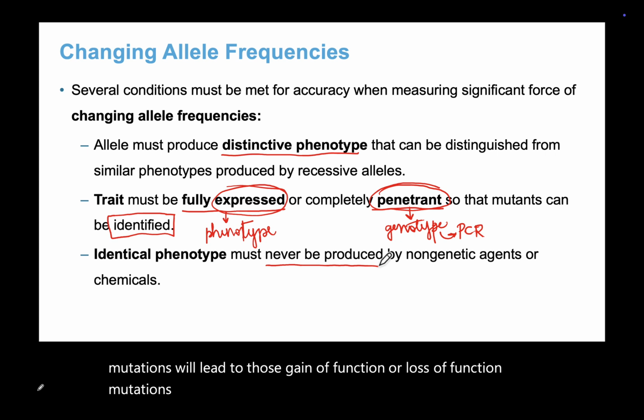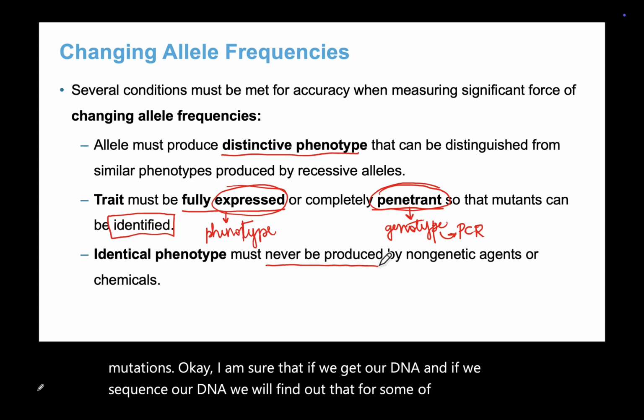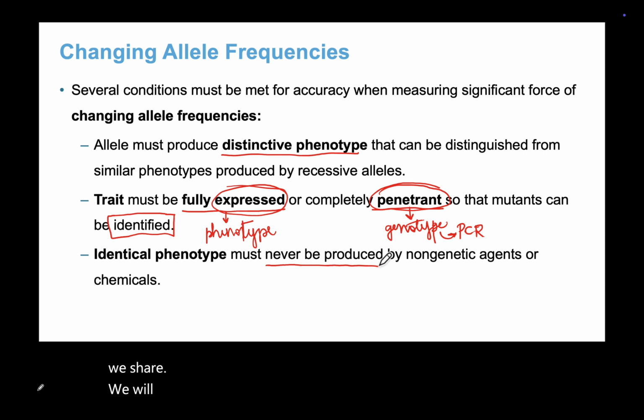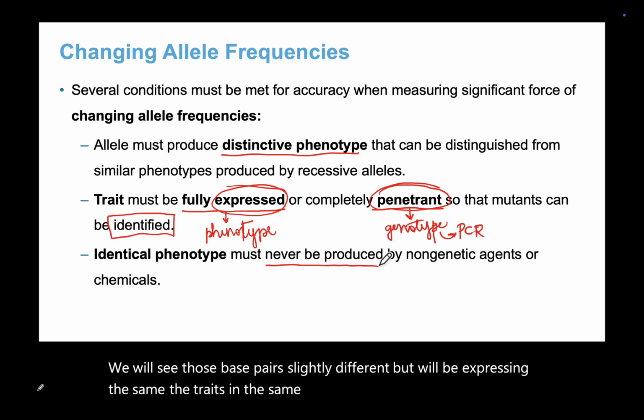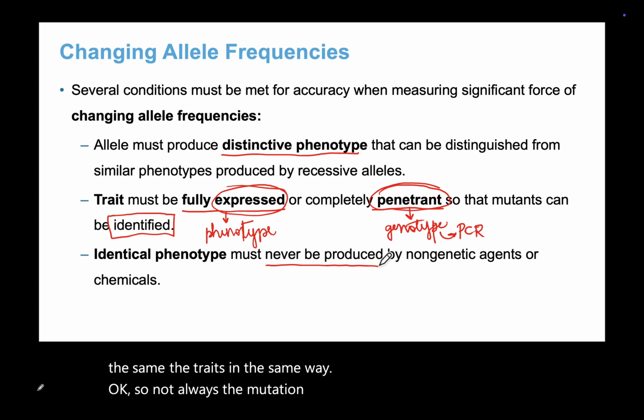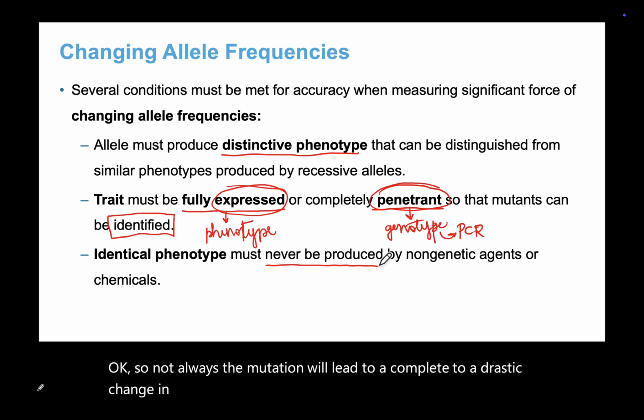I am sure that if we sequence our DNA, we will find that for some of the genes that we share, the base pairs are slightly different, but we'll be expressing the traits in the same way. Okay? So not always will a mutation lead to a drastic change in that population.